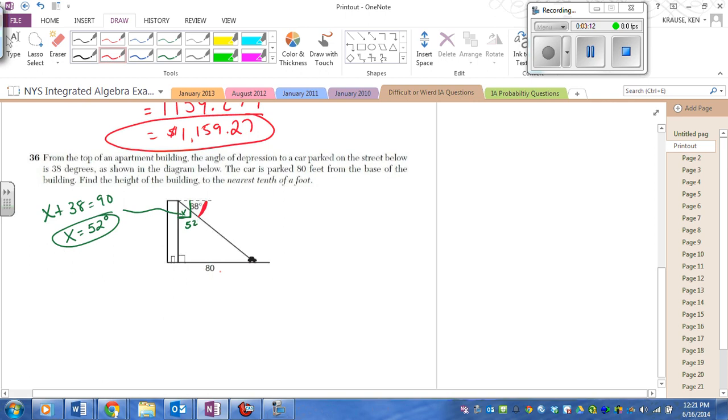Label a triangle opposite, hypotenuse, and adjacent. Of course, we know our SOH CAH TOA.